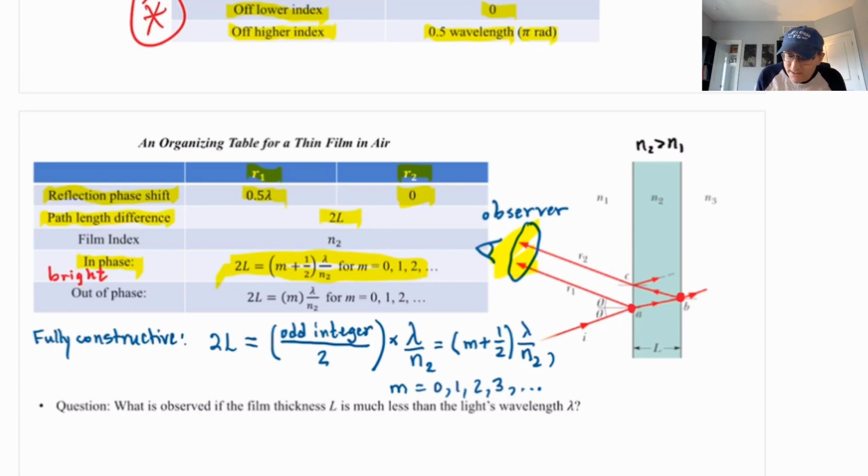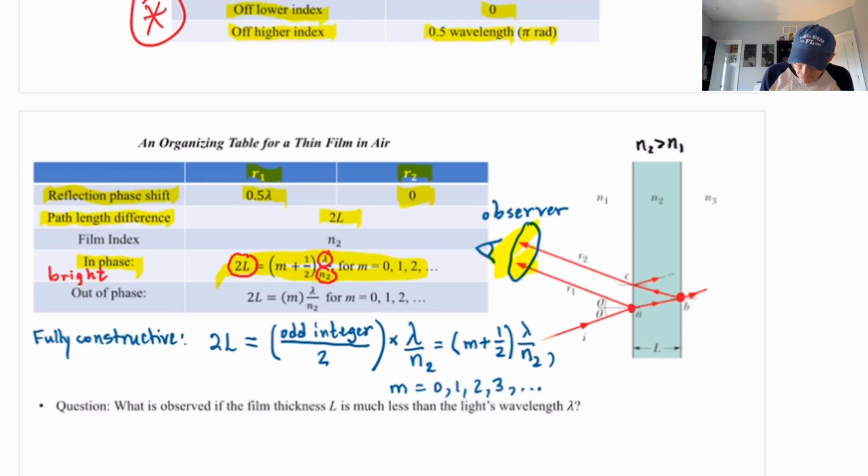We need the distance 2L and the wavelength and the index of refraction of material 2 to be related by that specific formula. Then the observer will see fully constructive interference, and they will see brightness from where they are, looking down at the film. Okay?